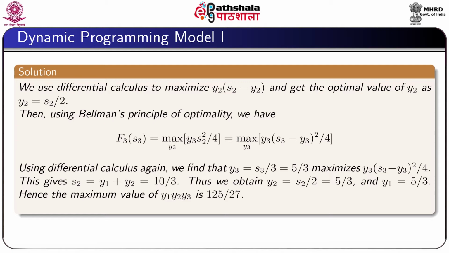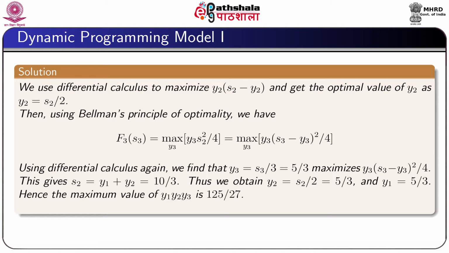We find that Y3 equal to S3 by 3, that is equal to 5 by 3, actually maximizes it, and this gives S2 equal to Y1 plus Y2, which is equal to 10 by 3.